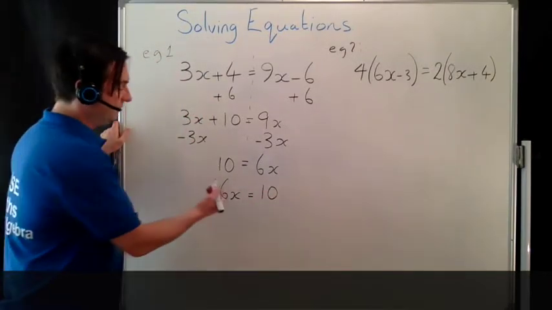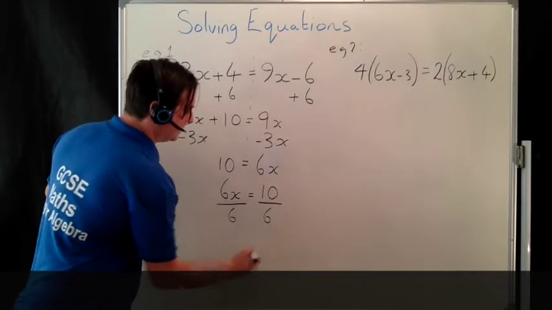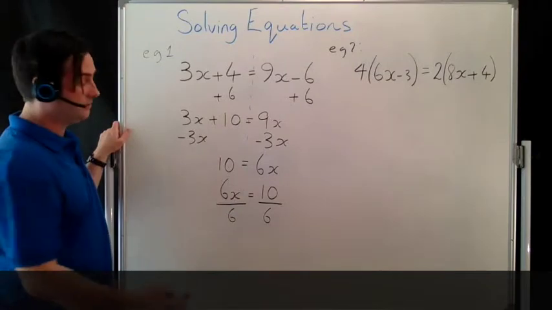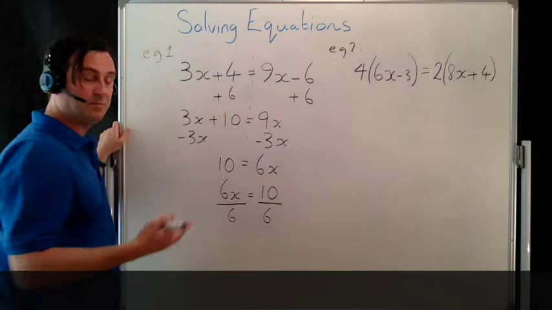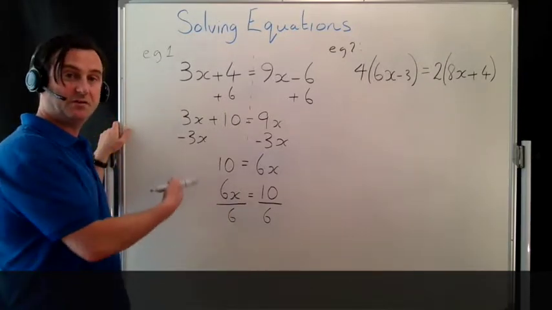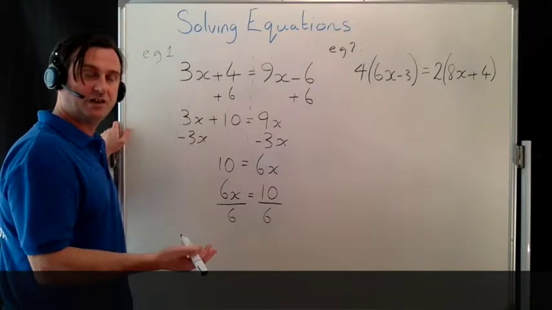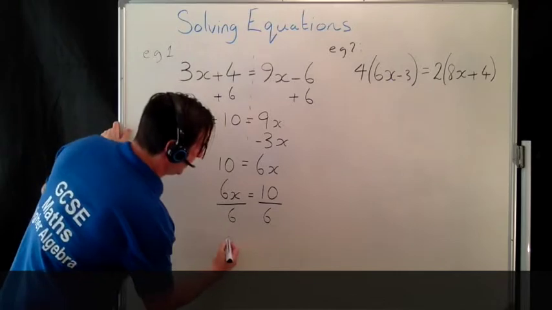So 6x equals 10. It's perfectly okay to do that. Now I need to divide by 6, because if you remember from the first tutorial, I'm multiplying x by 6, and the opposite to multiply is to divide by 6. But of course, if we divide on the left hand side, we must divide on the right hand side as well. 6x divided by 6 leaves us with 1x.